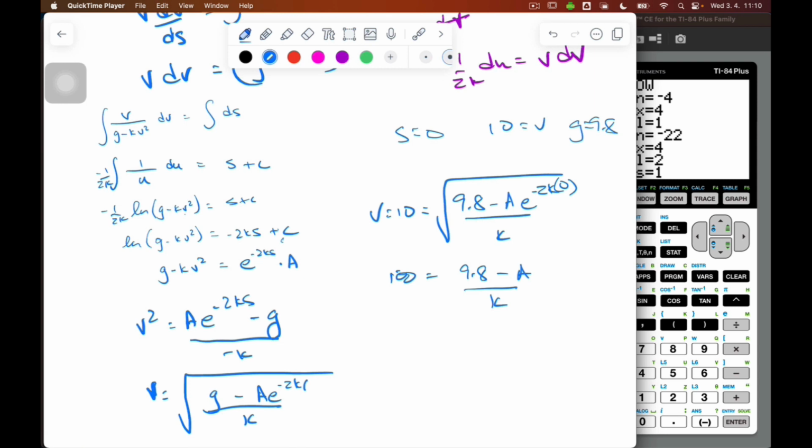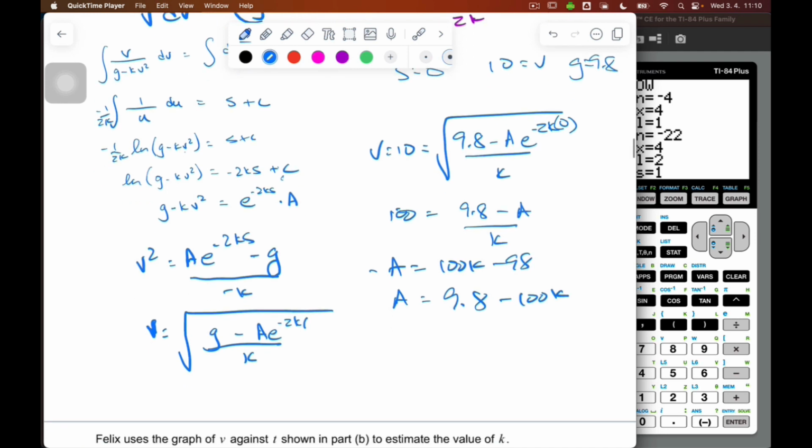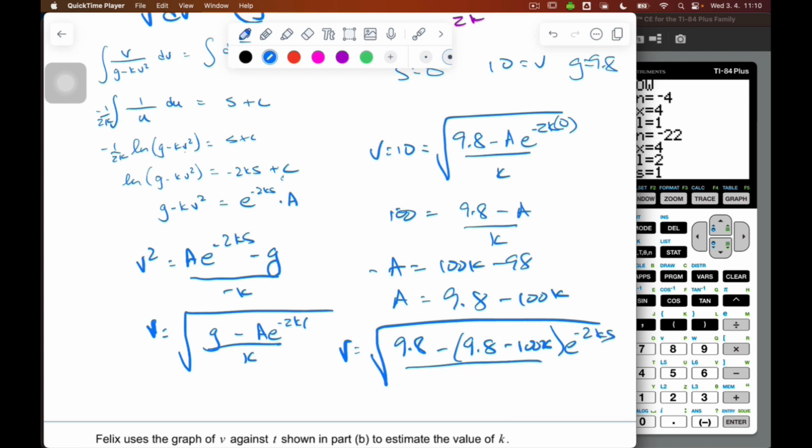And so A is equal to 9.8 minus 100k. And so my function overall is v equals the square root of 9.8, which is gravity, minus 9.8 minus 100k times e to the minus 2ks, all over k. So there is my final v.